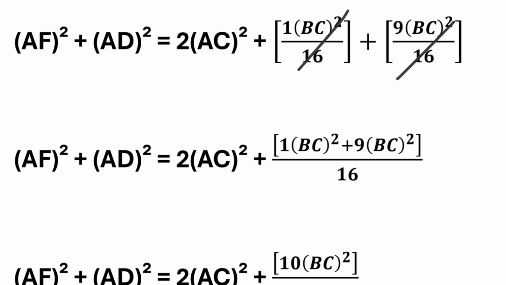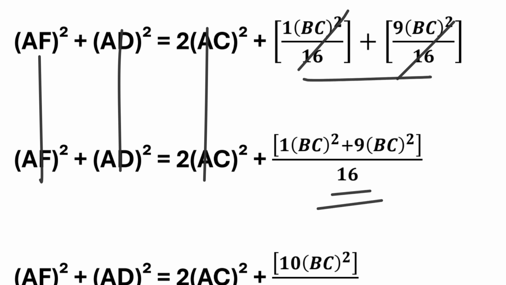Therefore, AF square plus AD square is equal to 2 AC square plus, the denominators are the same, so we write as it is 16, then numerator 1 BC square plus 9 BC square.